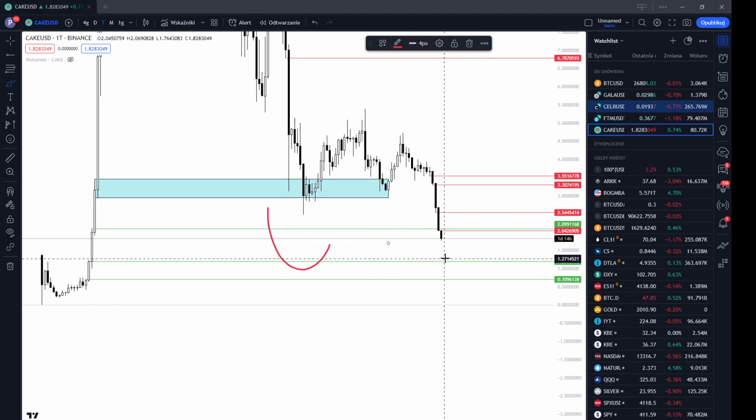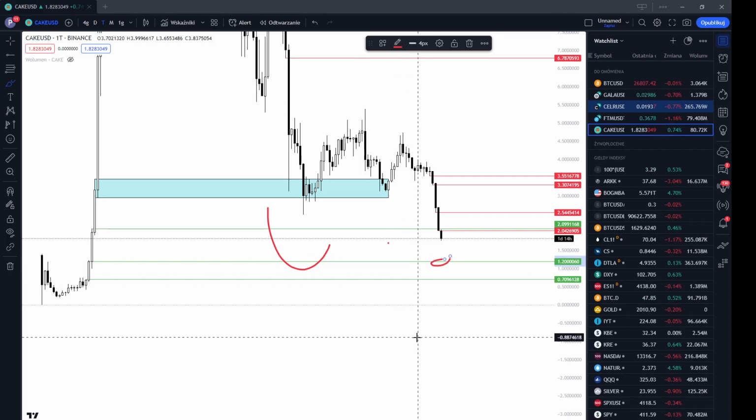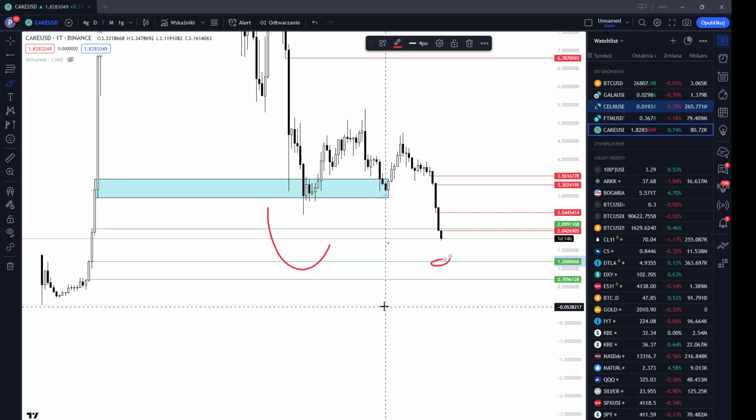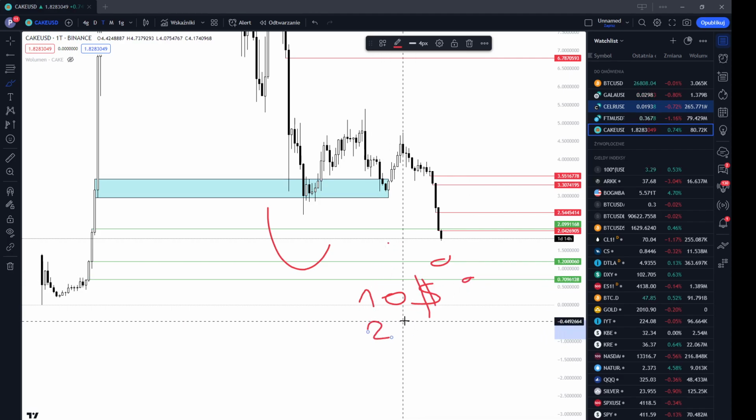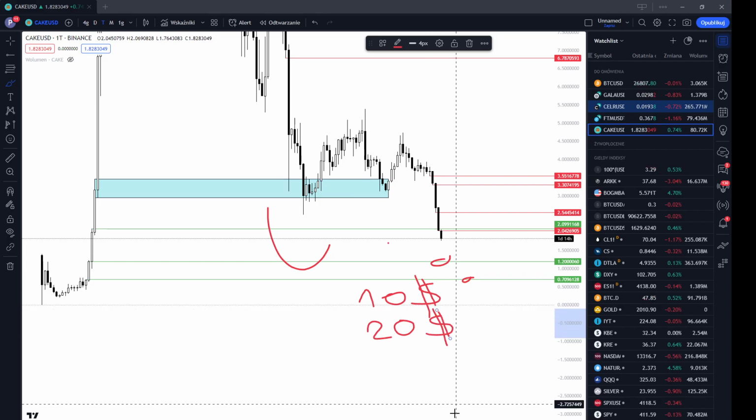So let's say price comes down to this level. So let's say we spent, I don't know, $10 per day for DCA. If it comes down to this level, then we pick up the speed and spend $20 per day for DCA. Yeah, that's how I would probably approach this.